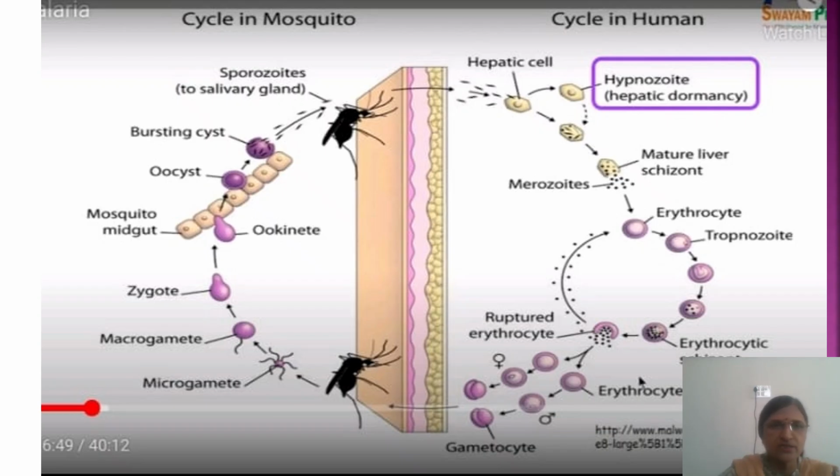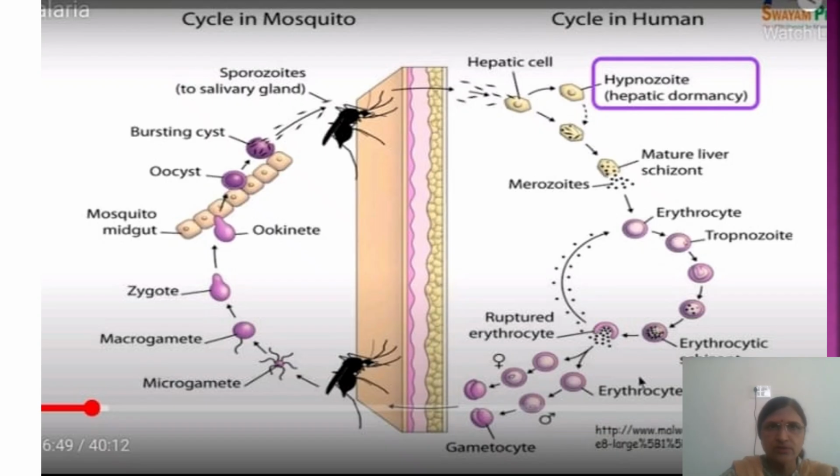Then from the zygote it will form the ookinete. Then the ookinete will develop into an oocyst in the midgut of the mosquito, and then the oocyst will rupture and all the sporozoites are liberated and reach the salivary glands. With the bite to humans, this sporozoite form, that is the infective form, enters the human skin.